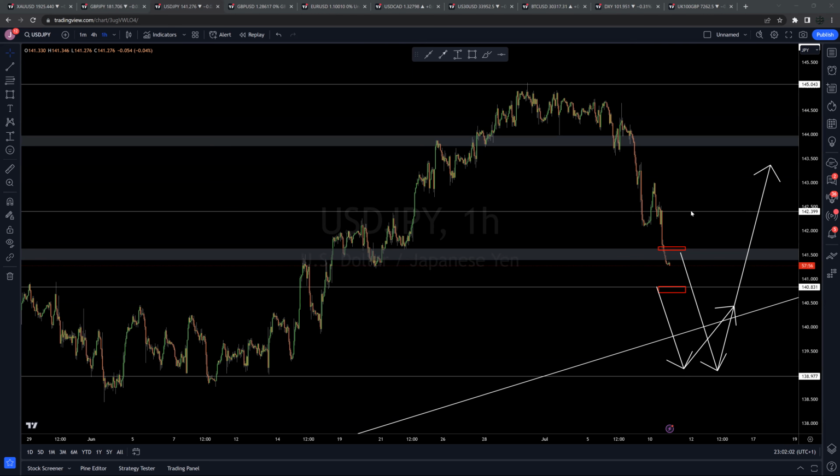Otherwise, I only see us jumping back into buys if we can break above key level 142.5. More than likely, that may not happen unless we get CPI data that's still showing increase or not meeting the optimistic projections, and that would be a catalyst this week for demand to come back into the dollar.